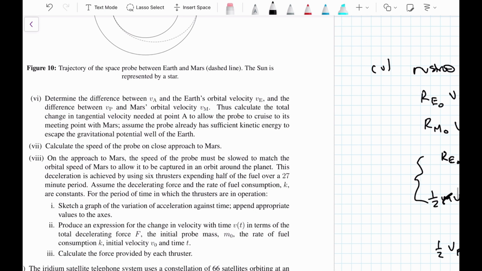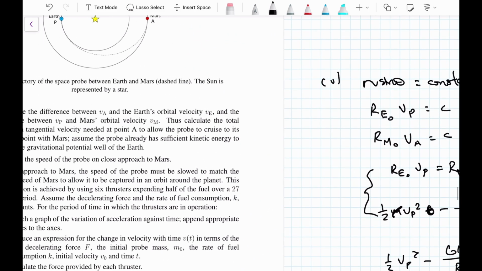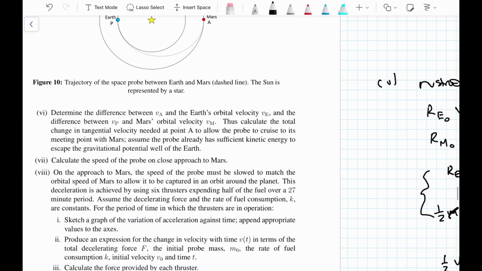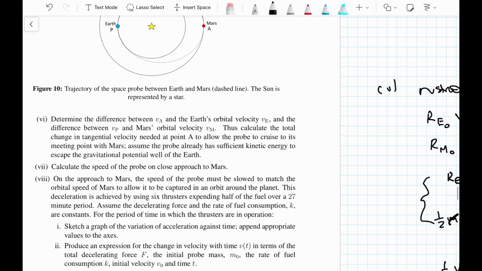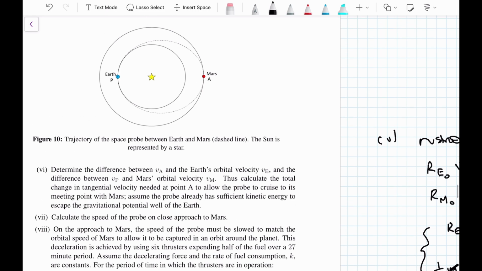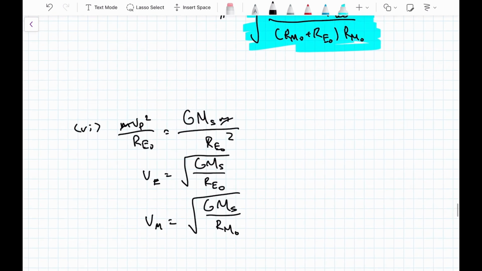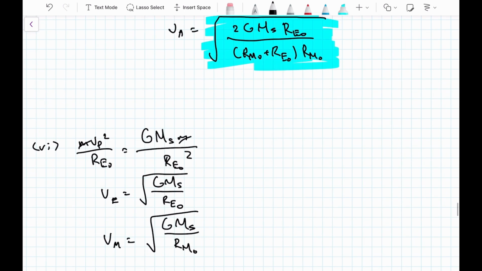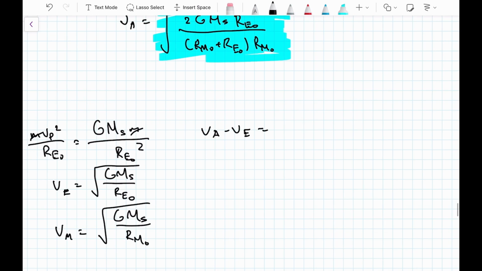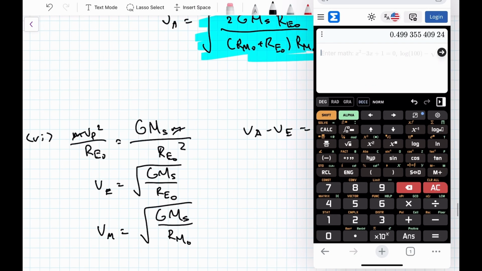So first of all is VA and the difference between VA and the Earth's orbital velocity, and the difference between VP and Mars's orbital velocity. So first of all, VA and VE. VA minus VE, right?